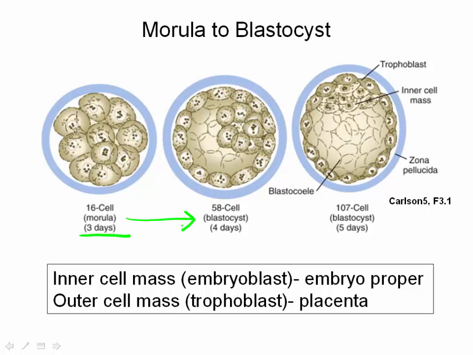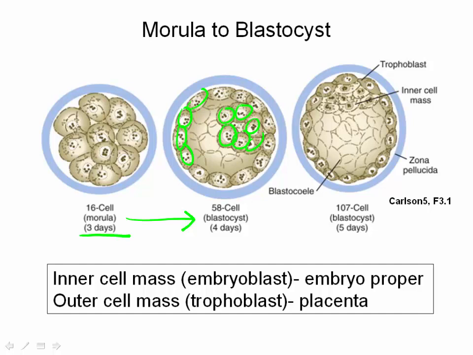This process occurs as the cells of the morula begin to differentiate into 2 distinct masses. Cells surrounding the perimeter of the morula differentiate into an outer cell mass, while those forming the core of the morula begin to sequester themselves at one end and become known as the inner cell mass.